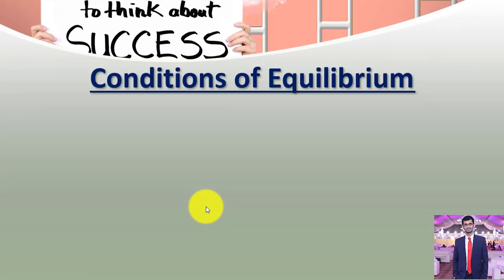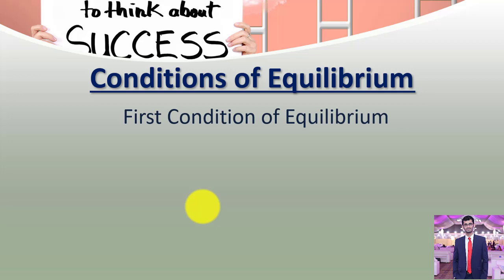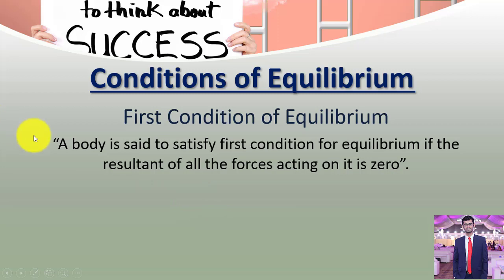Next, the conditions of equilibrium. Dear students, we know that there are two conditions of equilibrium. First of all, the first condition of equilibrium. A body is said to satisfy the first condition for equilibrium if the resultant of all the forces acting on it is zero.